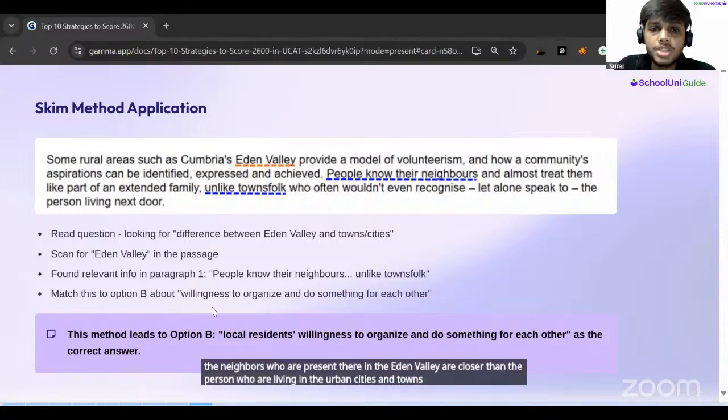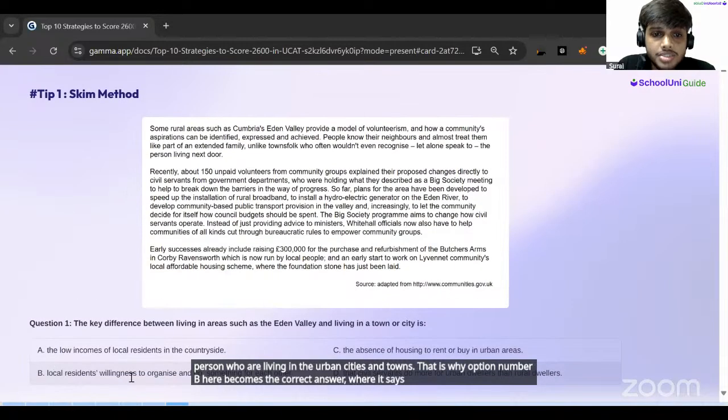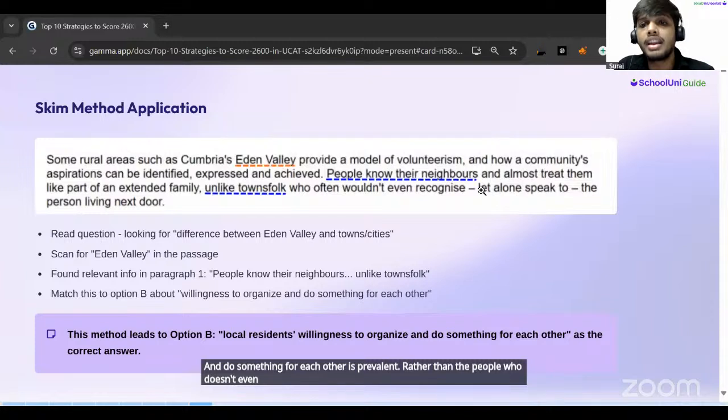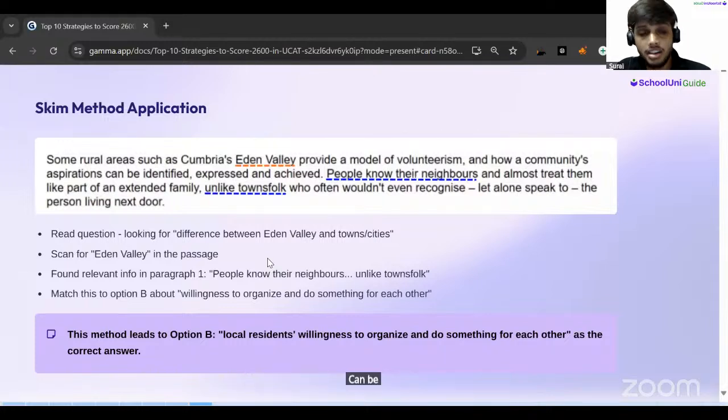That is why option B becomes the correct answer, where it says local residents' willingness to organize and do something for each other is prevalent, rather than people who don't even know their neighbors by living in the towns or urban cities, which can be seen directly from here.